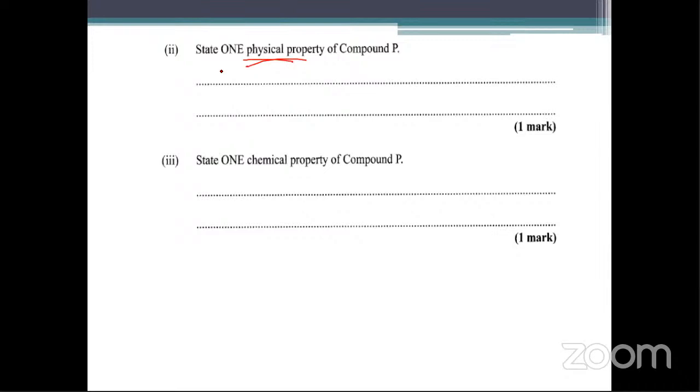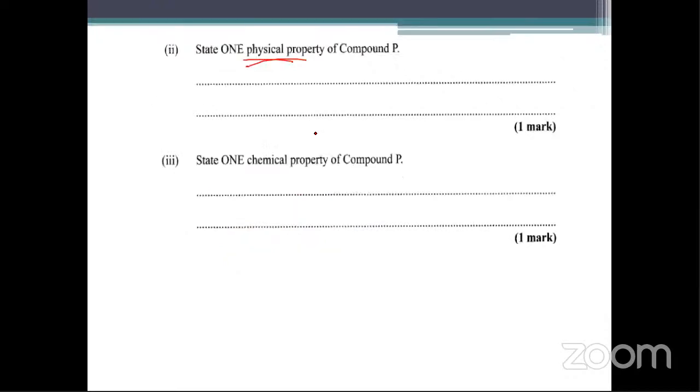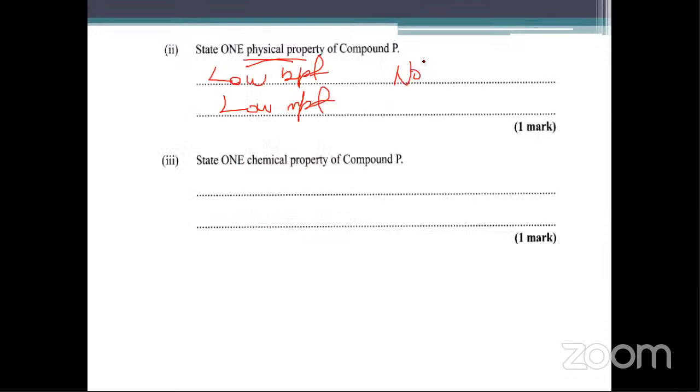So does it have a high or low melting point? Low. Yeah, a low boiling and melting point. Because they are hydrocarbons, you know that they are not soluble in water. So you can say that, not soluble in water.